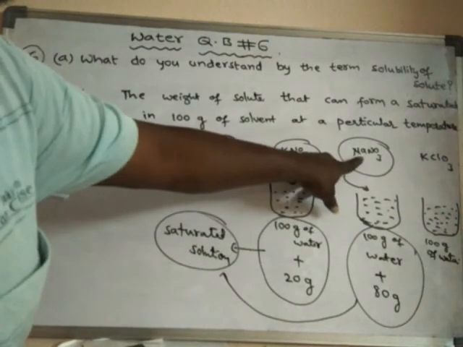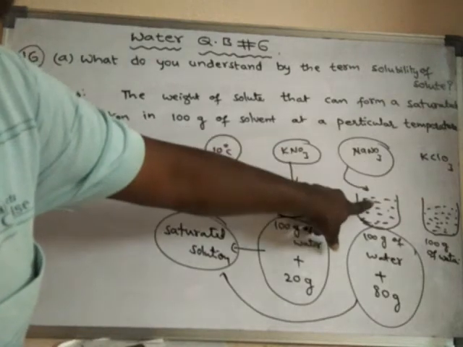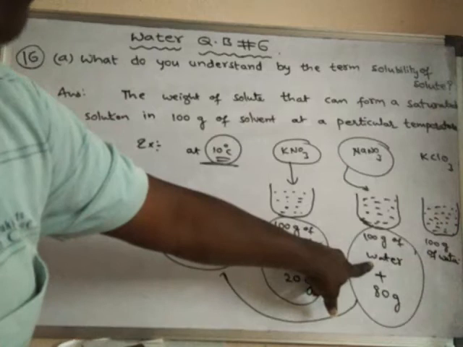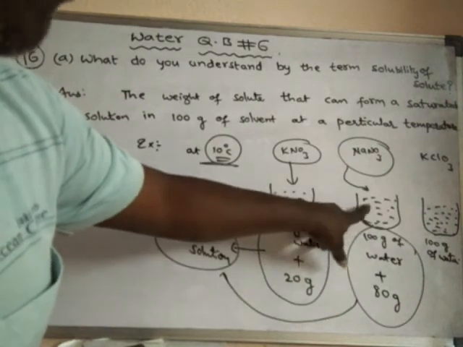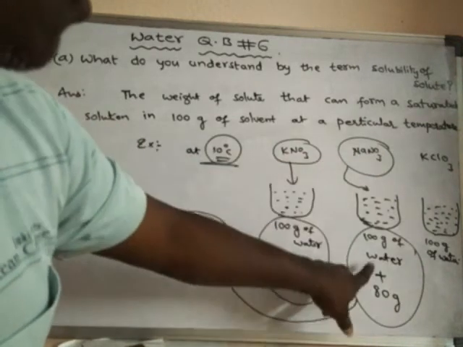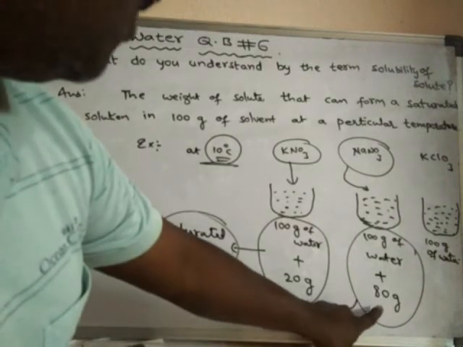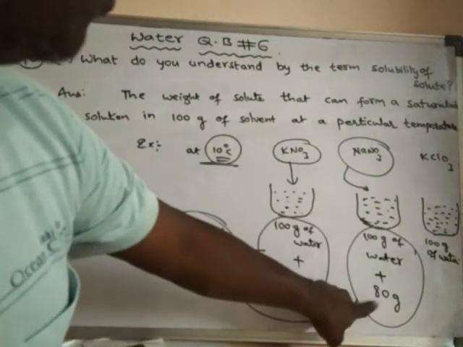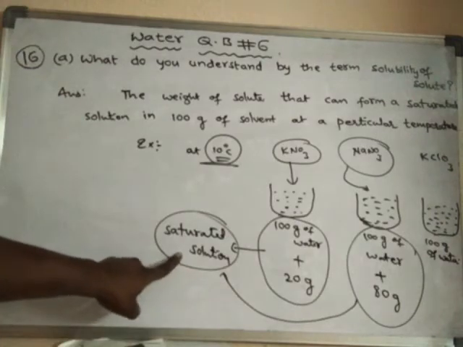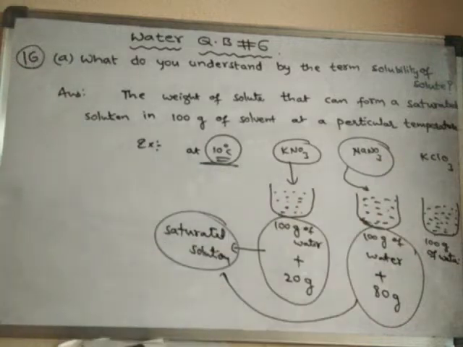But if I take sodium nitrate, this is another salt, and if I add this one into 100 grams of water, it requires 80 grams of sodium nitrate to form a saturated solution. That means 80 grams of sodium nitrate is required for a saturated solution in 100 grams of water.